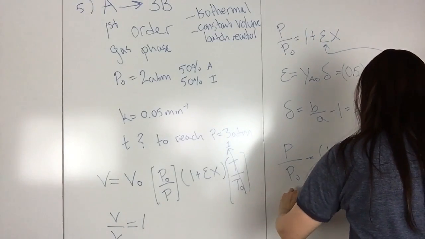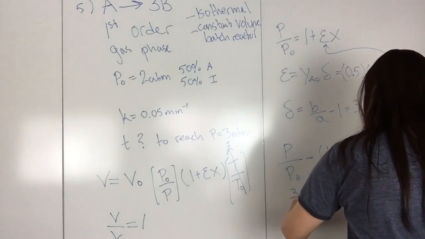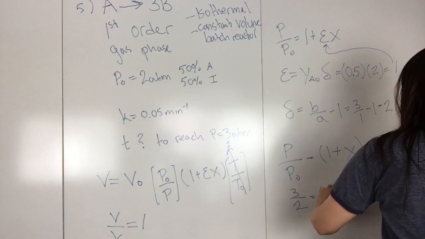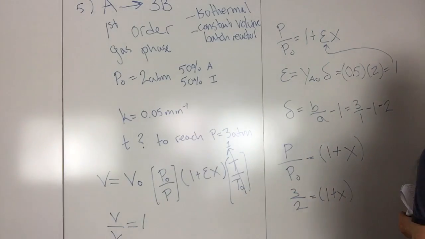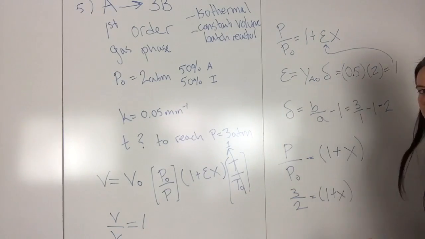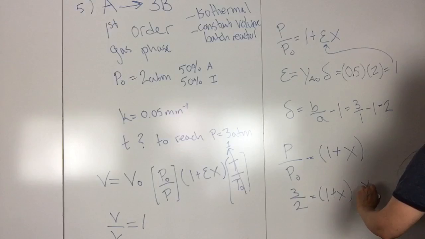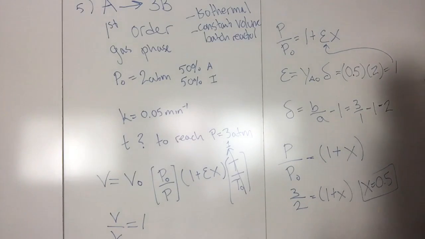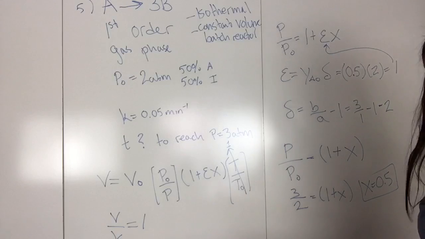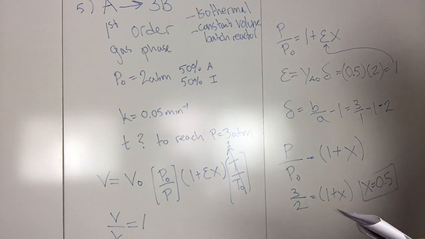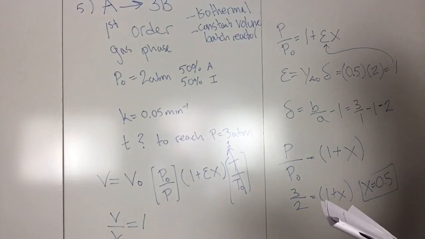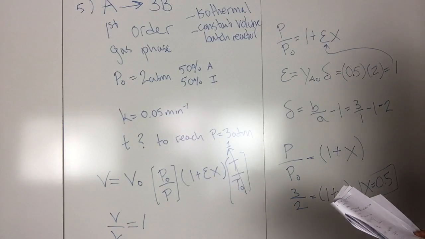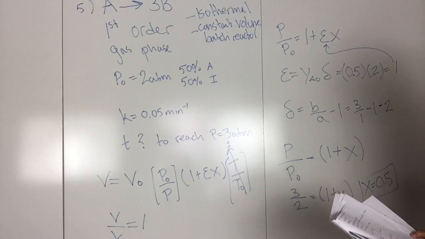So we have 3 over 2 is equal to 1 plus X. And then if we solve that for X, we get that X is equal to 0.5. So basically when the reactor reaches 3 atmospheres, then the conversion is at 50% of A.